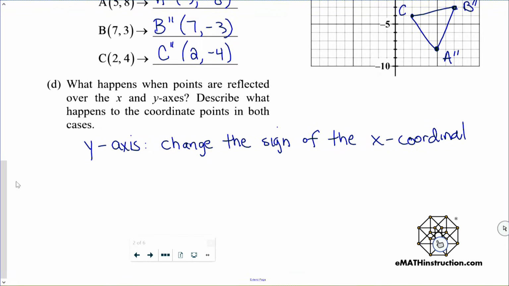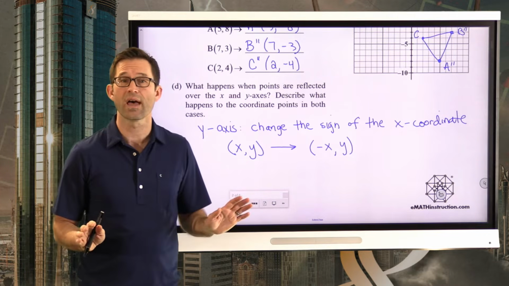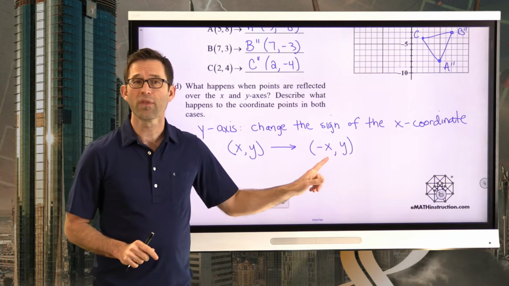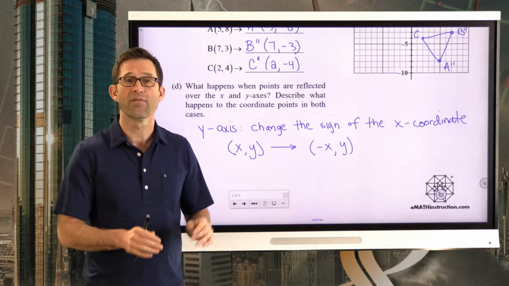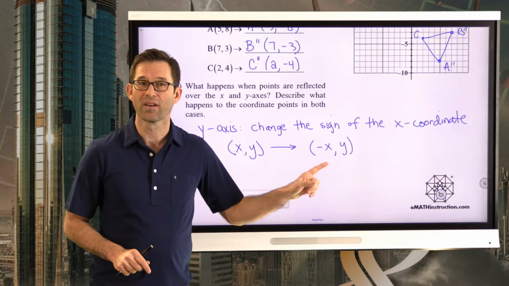In symbolic form, and this is good to write down, we would say that the point (x, y) gets mapped to, and that arrow means gets mapped to, (negative x, y). This rule just says if I'm going to reflect across the y-axis, take the point (x, y), take whatever the x-coordinate is and negate it. That means if it was positive, it becomes negative, and if it was negative, it becomes positive, but the y-coordinate, don't change that at all.